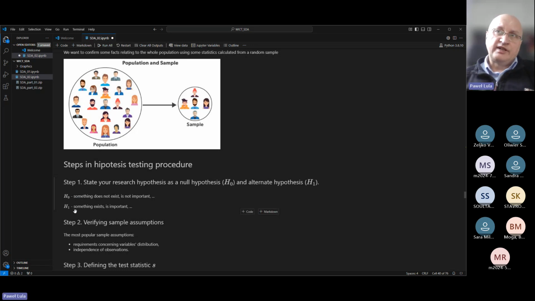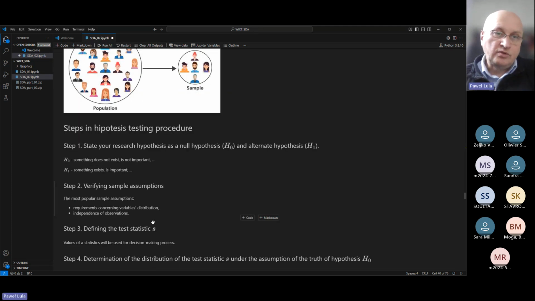And alternative hypothesis, that it is not true what was stated in the zero hypothesis. It is the first step. Definition of these two hypotheses. The first one is a hypothesis which I'm going to verify. And the second one is a hypothesis which is opposite to this which we have as a zero hypothesis.